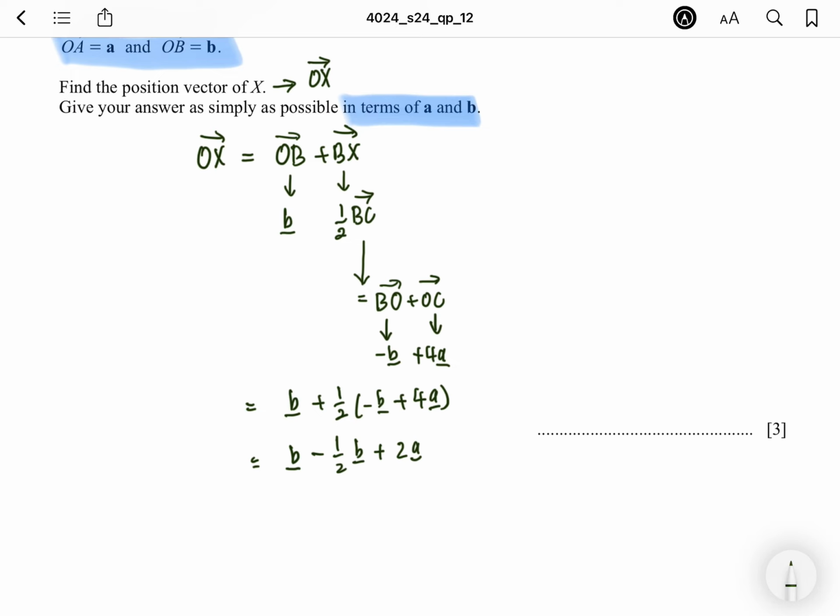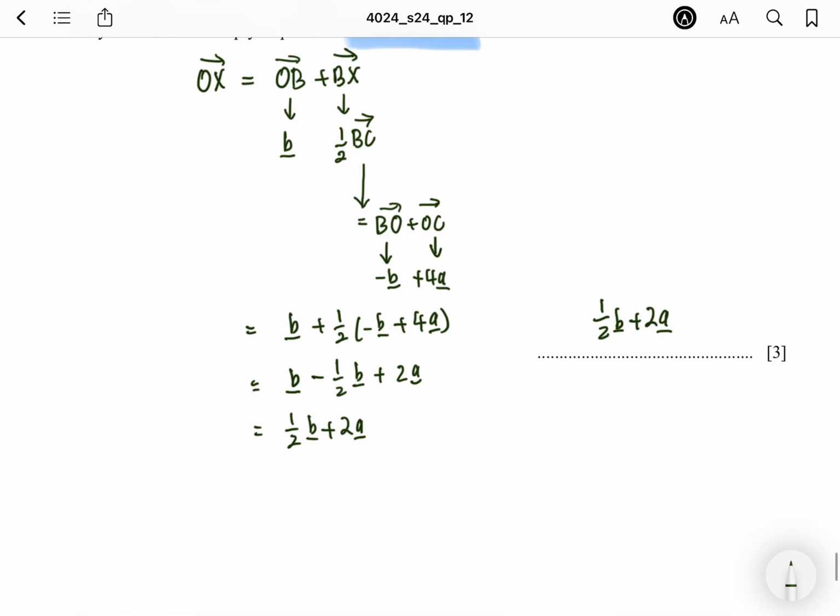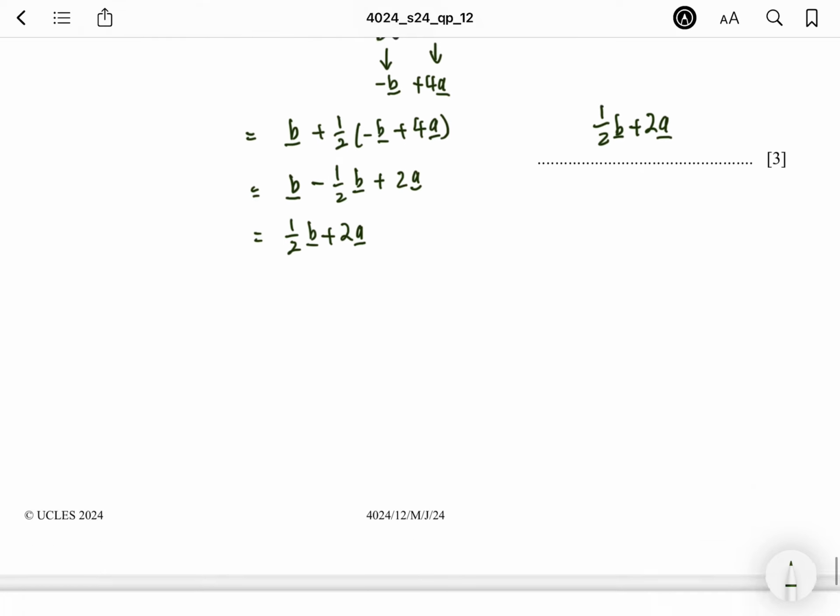B minus half B equals half B. So there you go. The expression of the position vector of X, which is OX, in terms of A and B, is half B plus 2A.